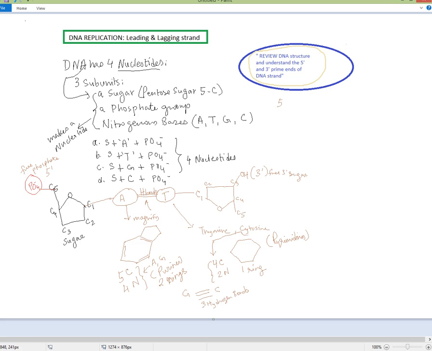So 5 dash, this dash is called prime, so 5 prime is naming the carbon atom. Okay, and 3 prime is also naming the carbon atom.